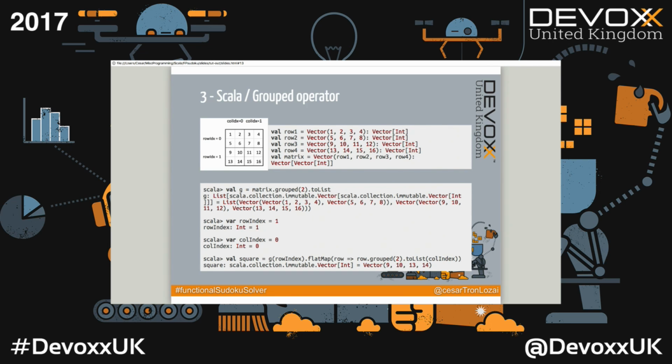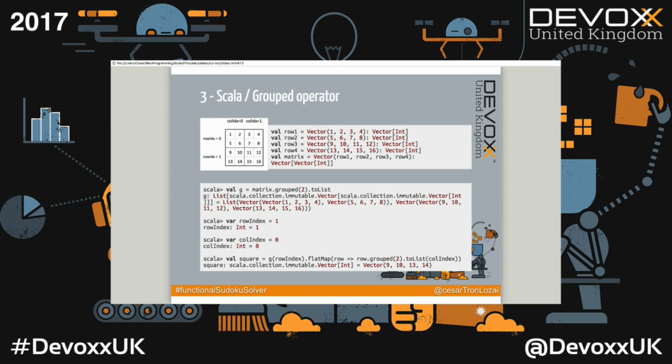So imagine I number my squares from 0 to 1 on each side, and I want to access one square. So let's say I want to access row index 1 and column index 0, so this one. So in my binary search, I take my matrix, I chop it in two, and then I'm going to choose the half that I want. So here I want this half, so I chuck the first half. And now I want to cut the other way, so I'm going to be cutting the other side.